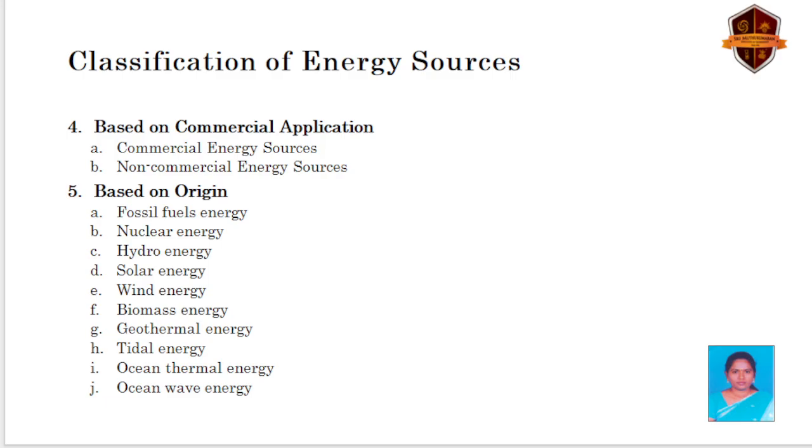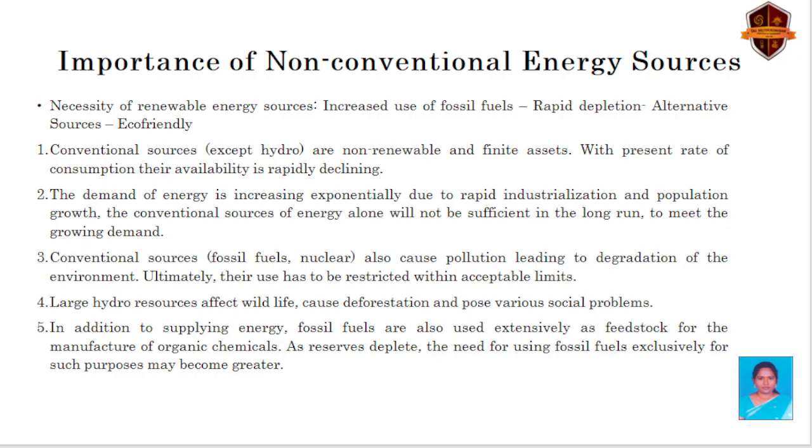This classification shows the wide variety of energy sources available in nature. Each source has unique characteristics, advantages, and limitations. Engineers must select the appropriate source based on location, availability, and demand.